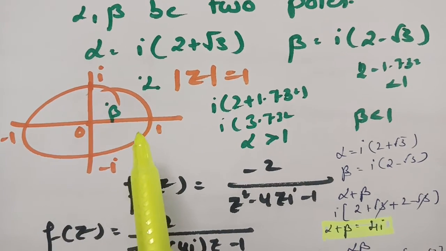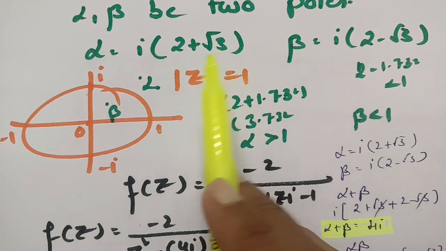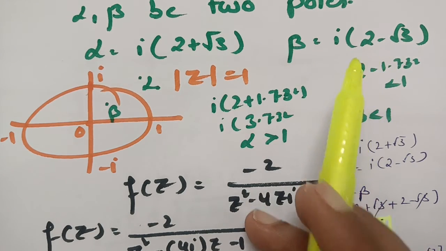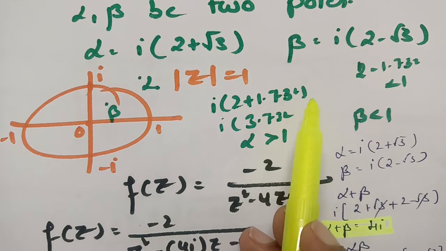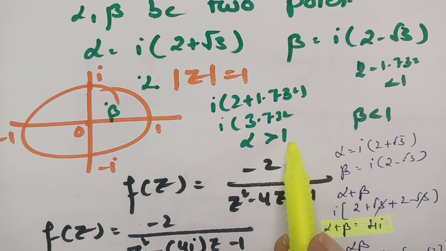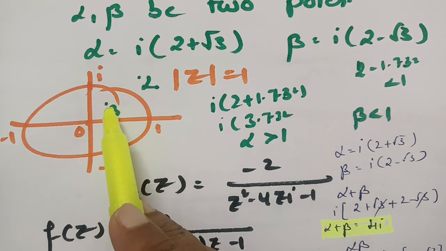We have the contour as the circle. So we have to check whether these two are inside or on or within the circle or outside the circle. So this is 2 plus 1.732, which is the root 3 value. So this is outside. So alpha value is outside the circle and beta value is within. So the pole is within this one.